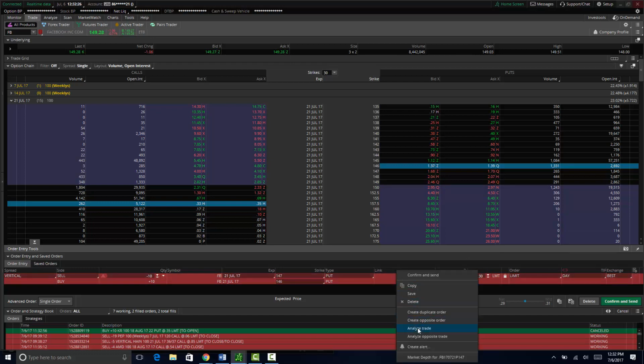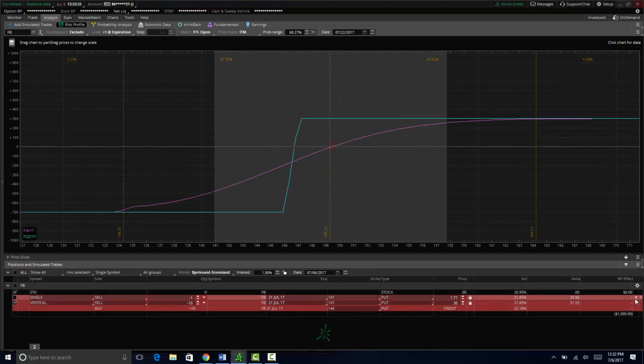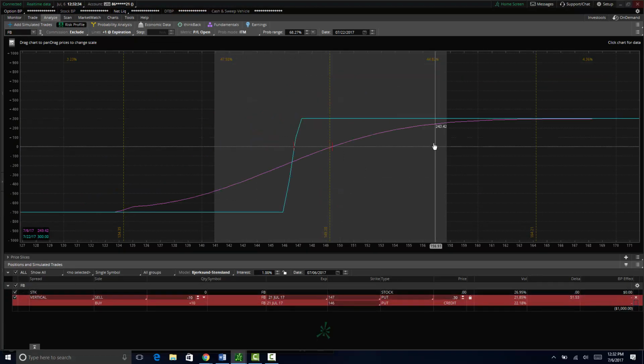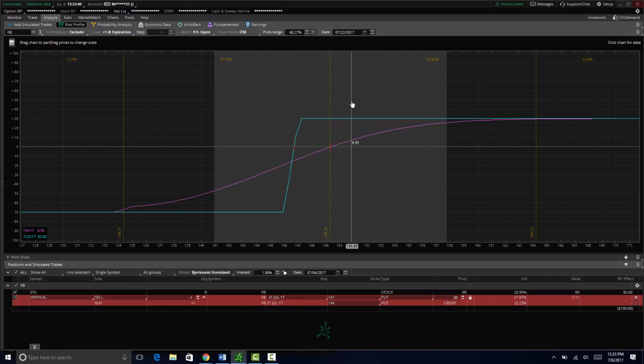So let's analyze this. Let's get rid of that one contract. There we go. Let's go back to one contract. This trade looks like this. As long as Facebook is above the 147 puts that I sold, right here, I collect my $30.